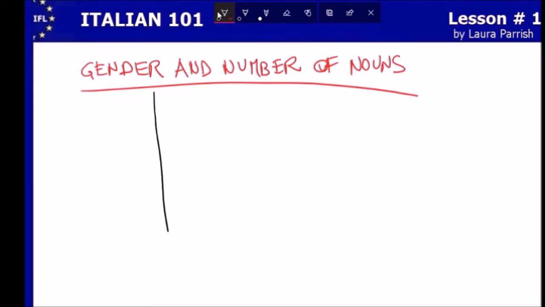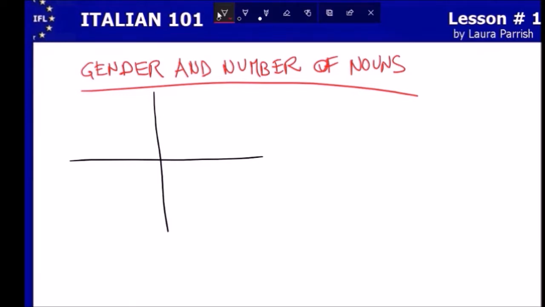I always like to divide the page in 4 parts like that. Why? Because Italian is a Romance language, and in the Romance languages, like French, Italian, Spanish, it is very, very important to keep in mind the gender and number of nouns. That's why there is this lesson.